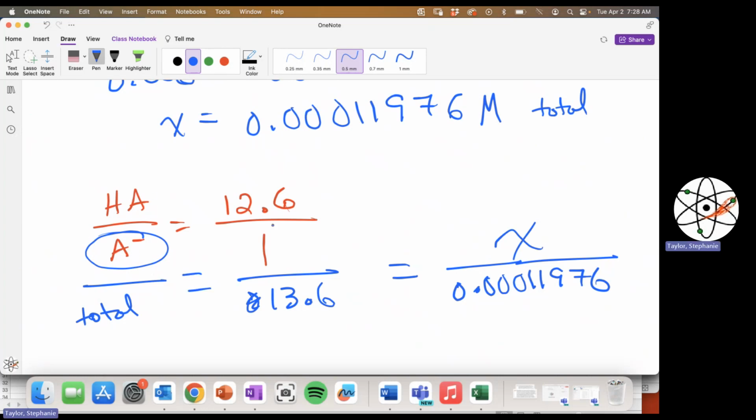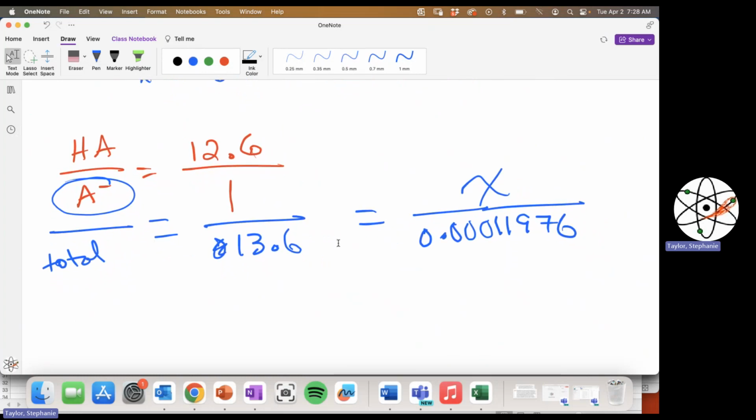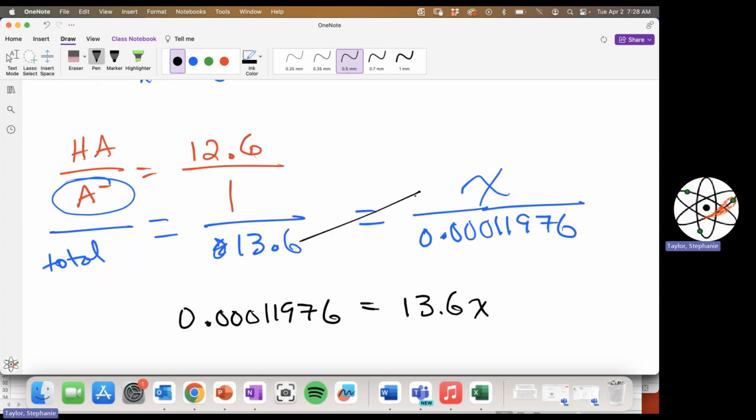So I basically started with one and went to another, and we'll double check to see if I have outsmarted myself. I'm using cross multiplication, so I'm taking the 13.6 times x and then the 1 times that other number down there.